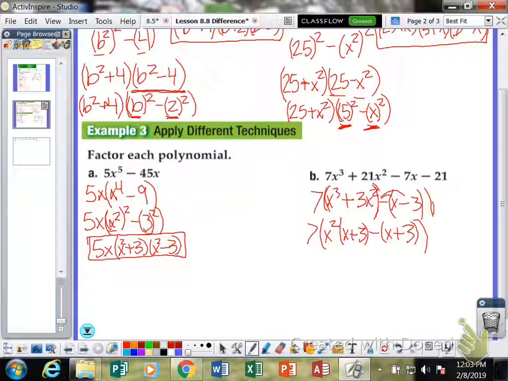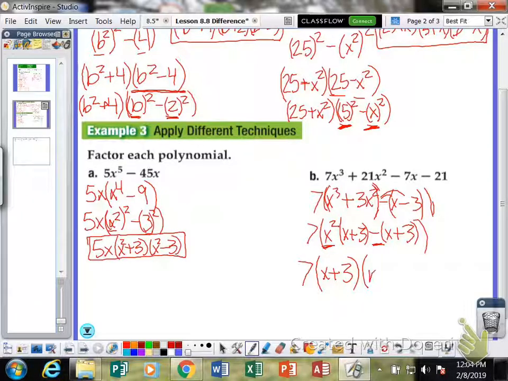And now we have a common factor of x plus 3. So I still have my 7. And I have x plus 3. And then rewrite what is on the outside of those parentheses above. I have an x squared here. And then I would have a negative 1 there.